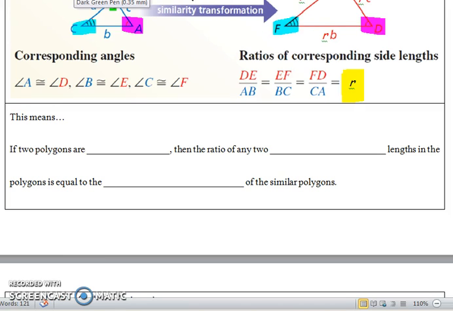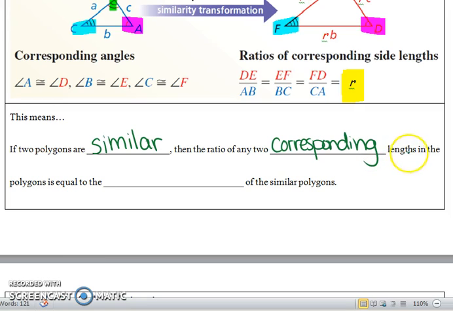So let's summarize what this means. This means that if two polygons are similar, then the ratio of any two corresponding lengths, and when I say lengths, I mean sides, the ratio of any two corresponding lengths in the polygons is equal to the scale factor of the similar polygons.